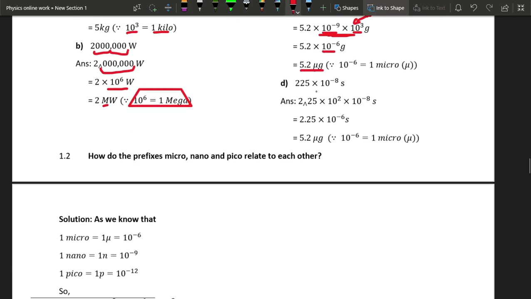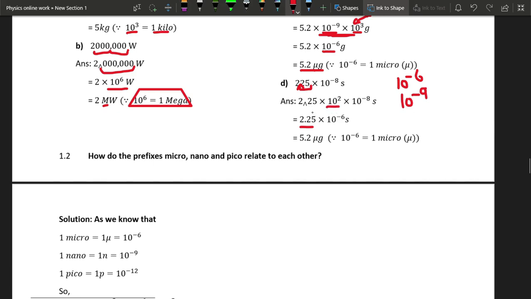Now we have 2.225 into 10 raised to power minus 8. As we know that we only know the prefix of 10 raised to power minus 6 or 10 raised to power minus 9, so what we will do, we move the point over here, so it will be 2.25, and when we move 2.25, we move 2 digits, so it will be 10 raised to power 2.